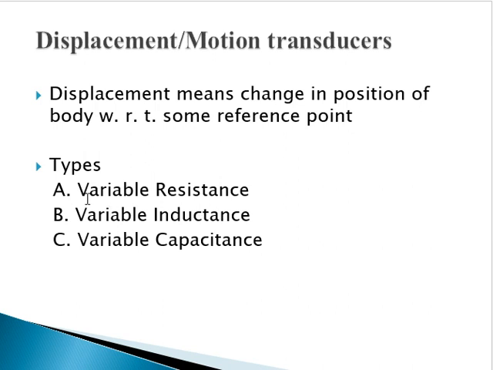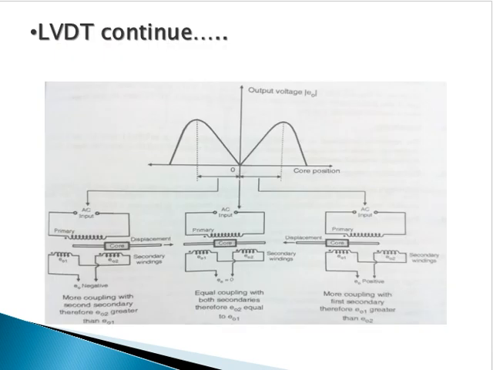In the first type, variable displacement is converted into variable resistance. In the second one, change in displacement is converted into change in inductance. Similarly, in the third one, change in displacement is converted into change in capacitance. So this part we have covered in the last lecture.